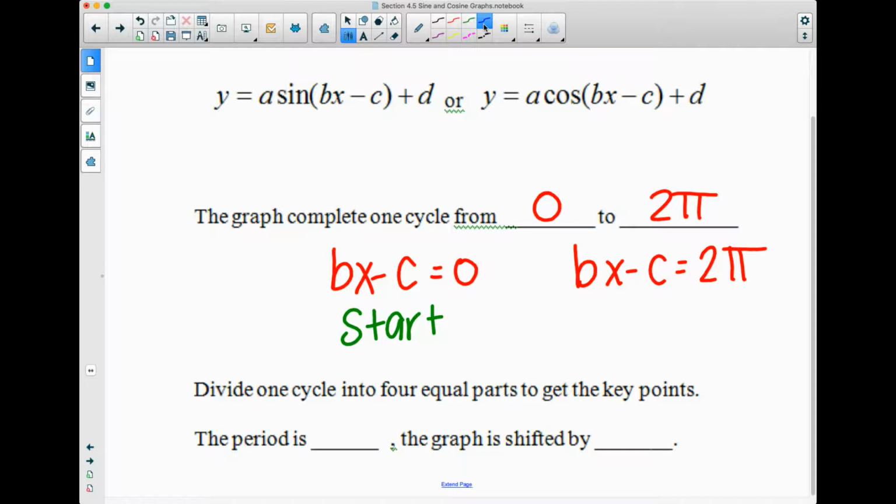And this tells you where you end on your x-axis. And we already talked about dividing into 4 equal parts.